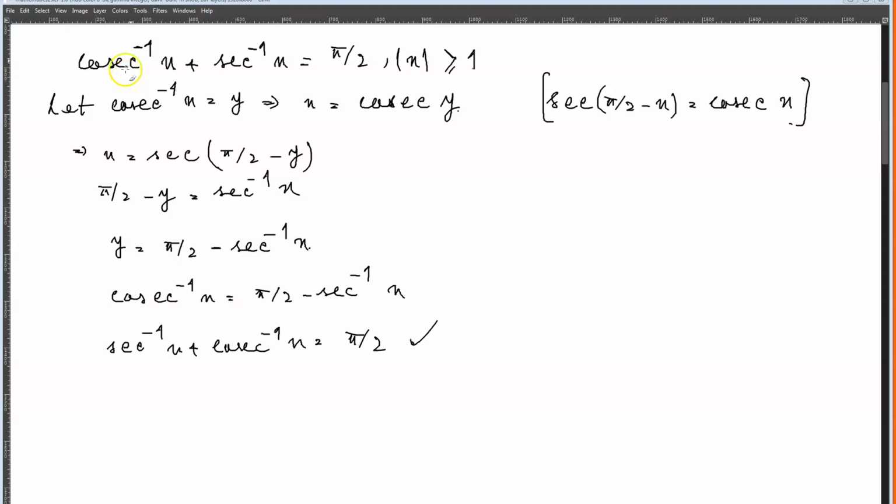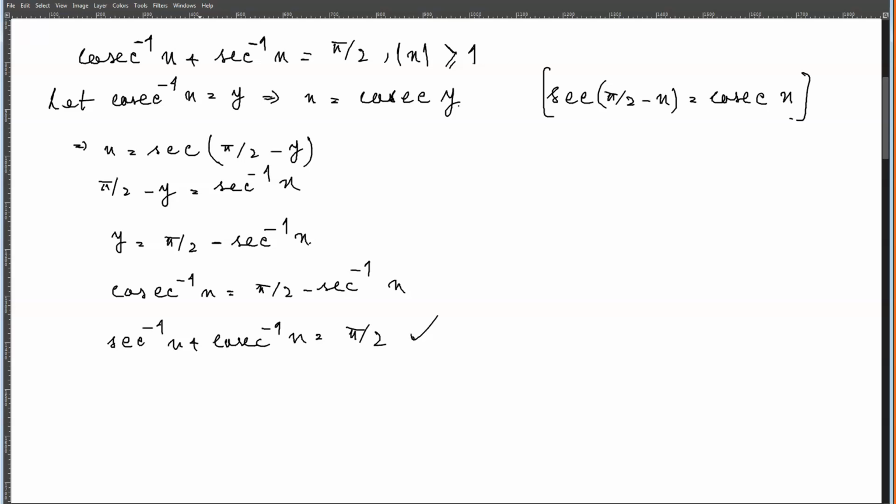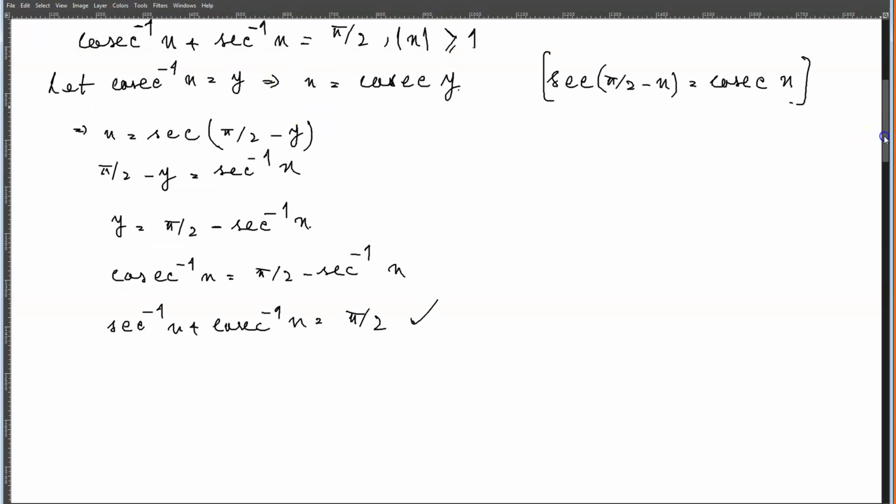Okay, so the next thing that we have here is the rest of the properties of the inverse trigonometric functions.